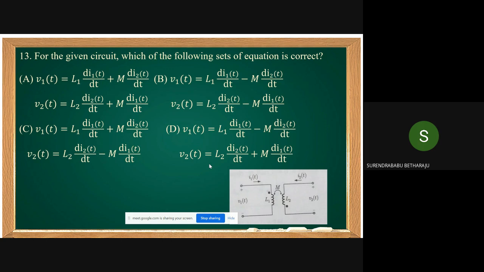Opposing means M must be negative. Then V1 of t equal to L1 into di1 by dt minus M into di2 by dt. V2 of t equal to L2 into di2 by dt minus M into di1 by dt. Then option B is correct.